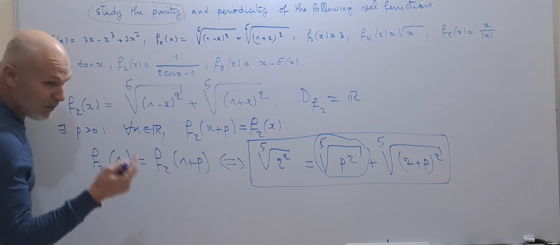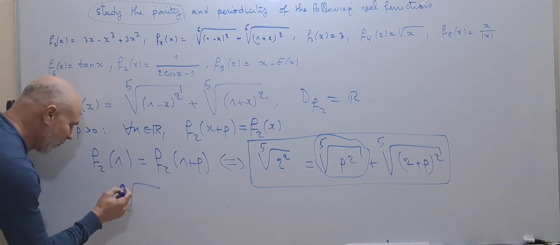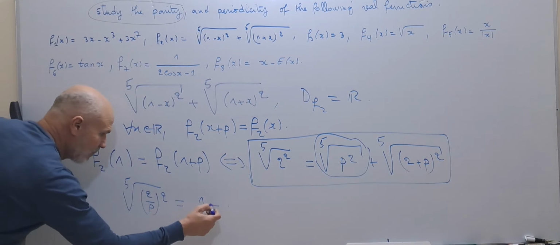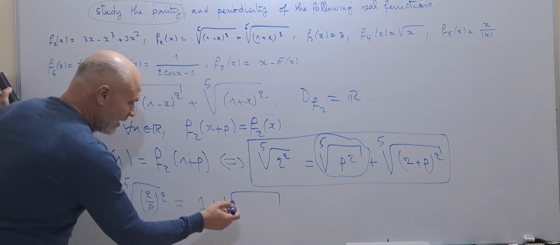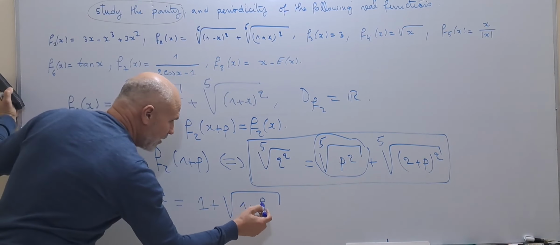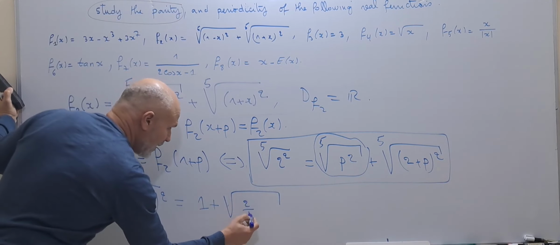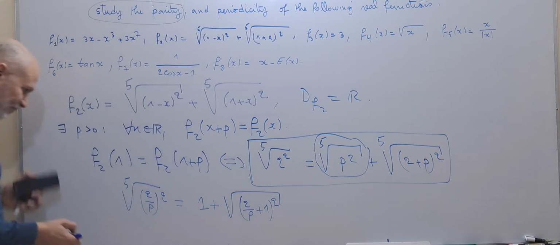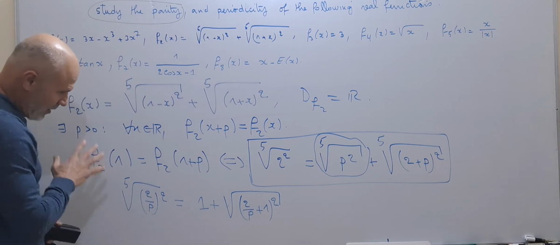We will get, p is supposed to be strictly greater than 0, the fifth root of 2 divided by p squared equal to 1 plus the square root, here we get 2 divided by p, we have square, plus 1 square. And actually this equation has no solution. There is no p such that this is true.